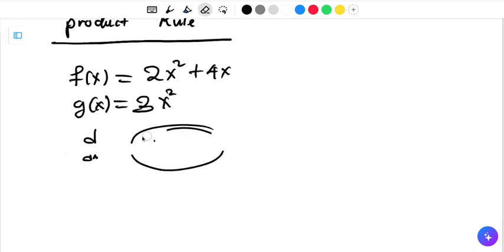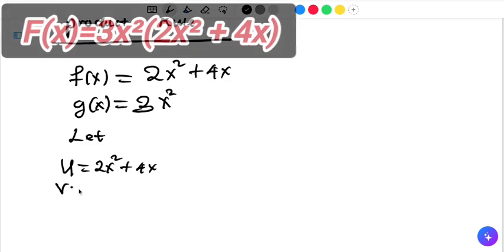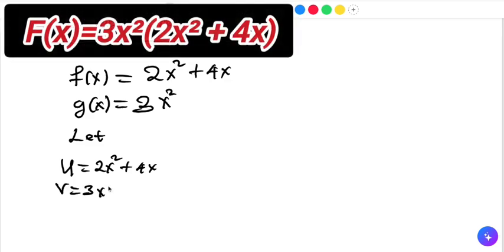So very simple. Using that formula, we can say let u be equal to 2x squared plus 4x and v be equal to 3x squared. So what are we going to have?